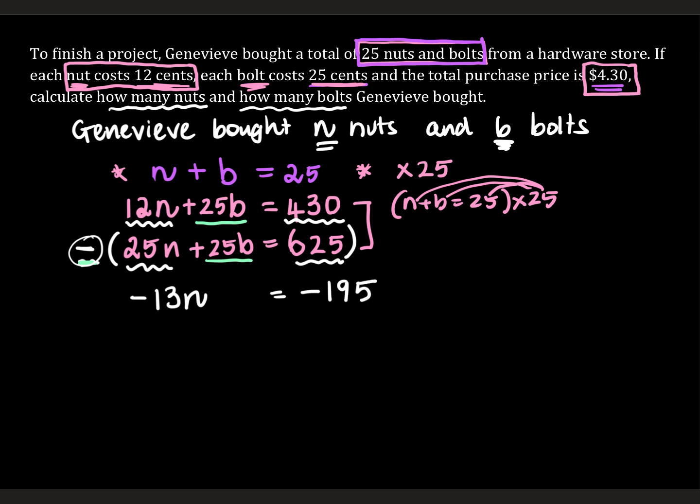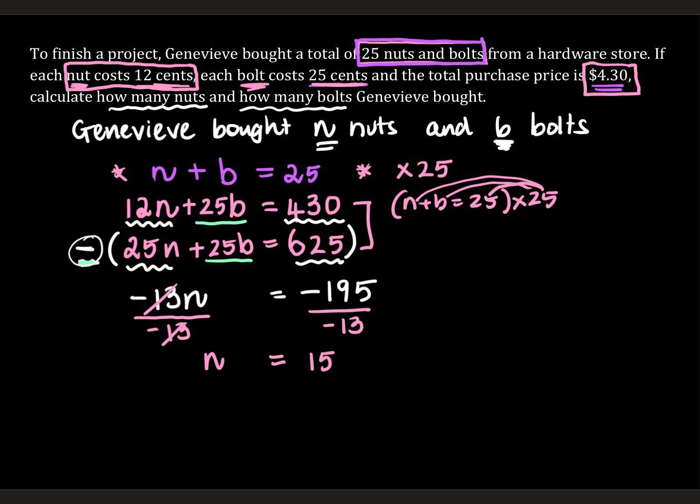And again, I'm not worrying about that negative. Now I've got negative 13N equals negative 195. How do I solve that? Divide by negative 13, divide by negative 13, cancel. Negative 195 divided by negative 13 gives me 15. N equals 15.